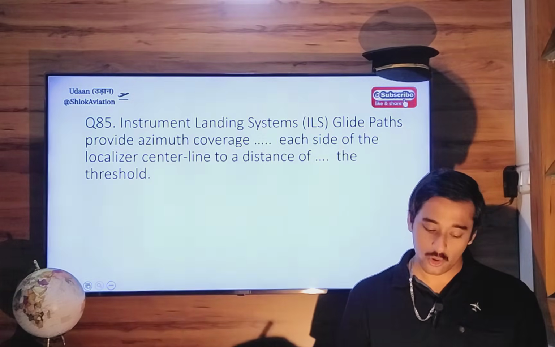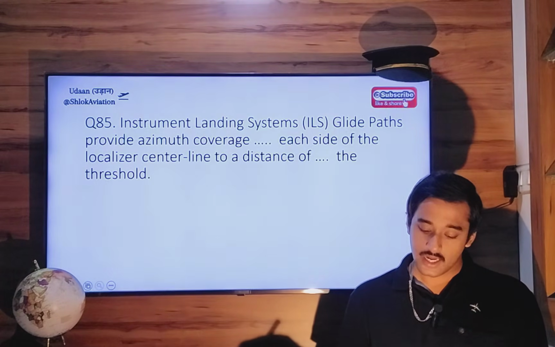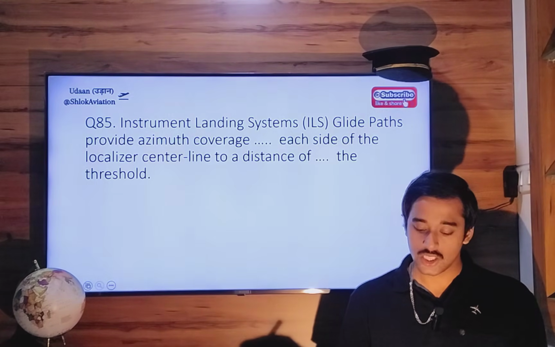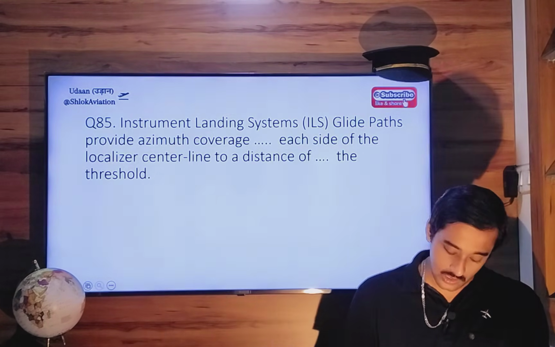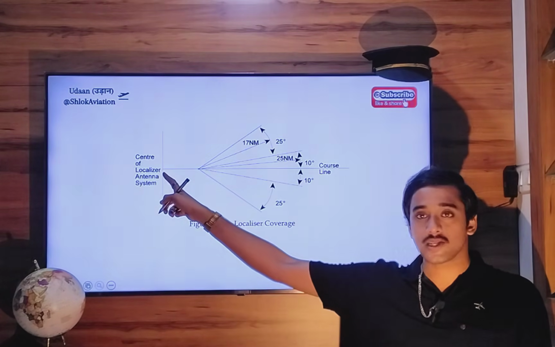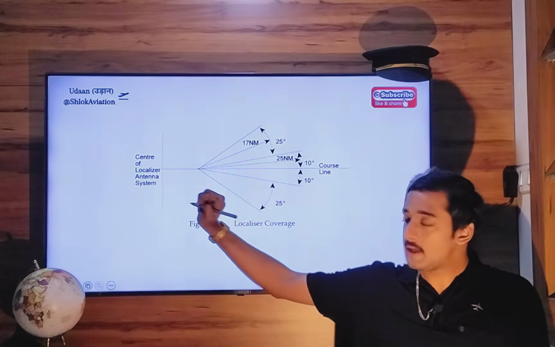Question 85. ILS glide paths provide azimuth coverage dash each side of the localizer center line to a distance of dash nautical miles from the threshold. So very important. This is your center of localizer antenna system on the opposite end of the runway.